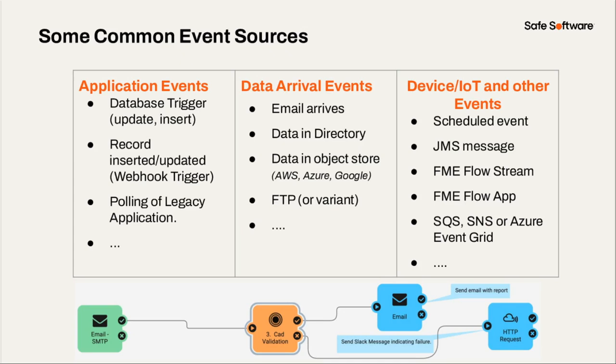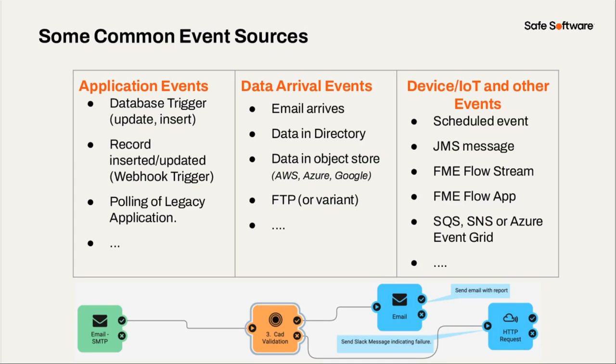We can also do data that arrives in a directory. So it could be a directory on the FME Flow instance, or it could be a file shared directory. And then, of course, object stores. If data arrives in AWS, Azure, or Google, you can do that. FTP, good old FTP. I think it might be as old as me, maybe older.